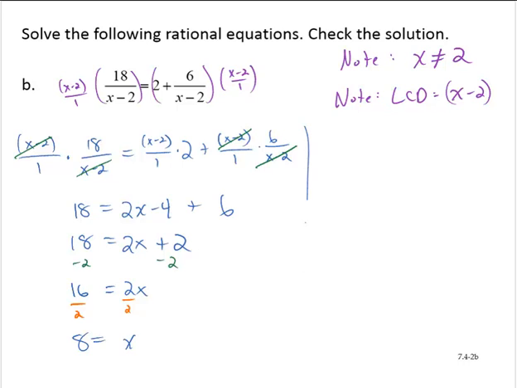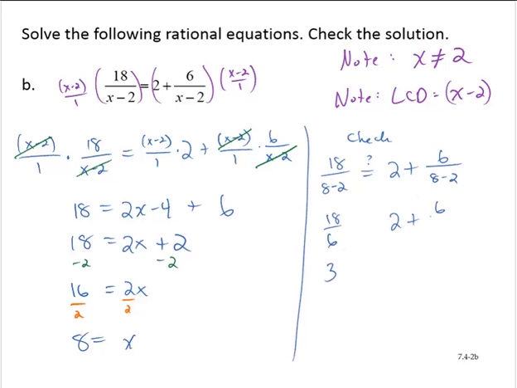Let's check that. Is 18 over 8 minus 2 equal to 2 plus 6 over 8 minus 2? The left-hand side is 18 over 6, which is 3. The right-hand side is 2 plus 6 over 6, which is 2 plus 1, which is 3. And that checks out. And so x is 8.